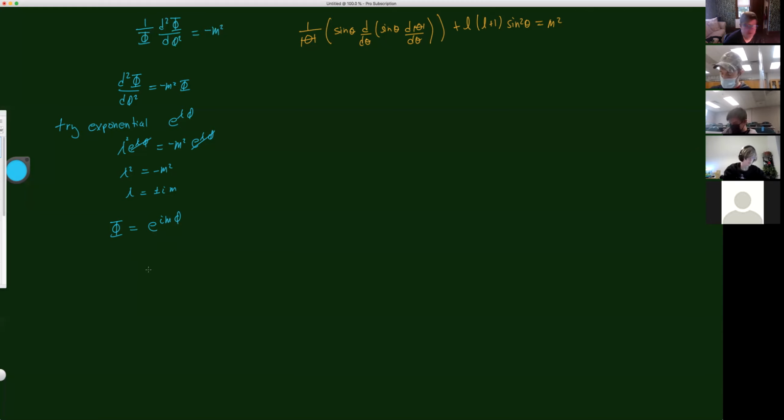And we now have to think about what the boundary conditions might be. Remember, this is the azimuthal angle, the angle that goes around the xy plane. We would expect that our function Φ, given that it doesn't depend on anything except this constant m, would be periodic, meaning that if you have a value at some phi, when you come around again, Φ should be the same.